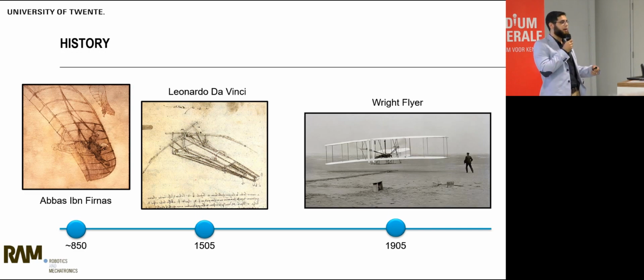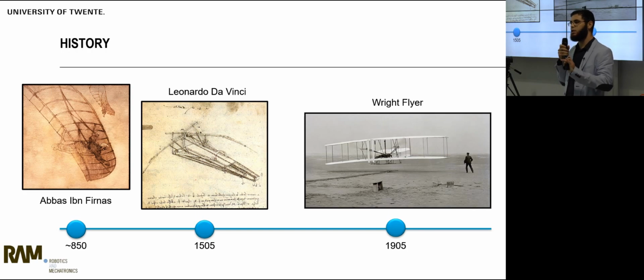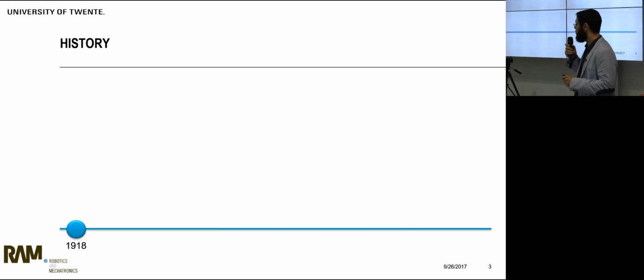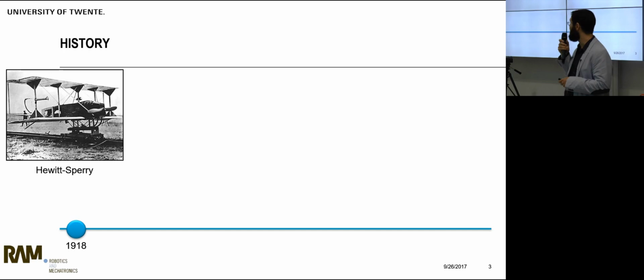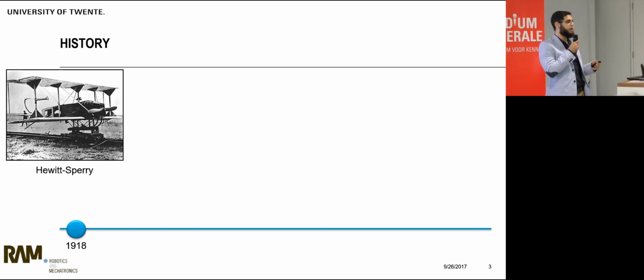And many people spent all their lives trying to get machines to fly until the Wright brothers were successful in doing that. However, once we got these machines in the air, we started thinking about how to make them autonomous. The first autonomous airplane was developed in the First World War by two American inventors, Hewitt and Sperry, and they were successful in making it perform sustained autonomous flight for long hours.